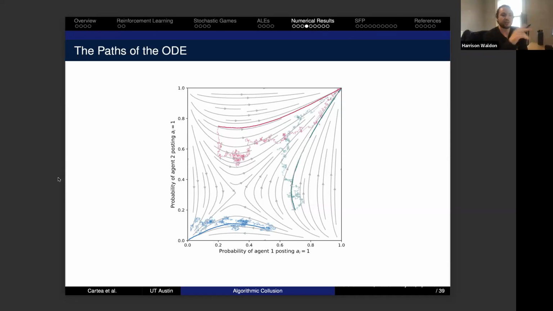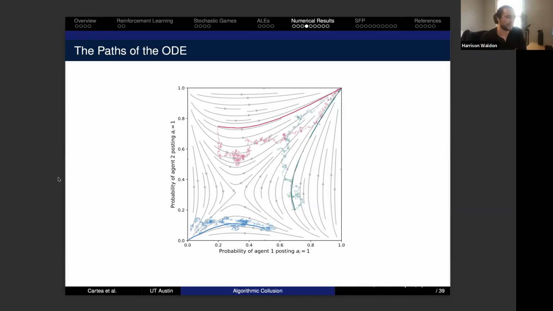So here we're just considering 2 agents, and in the numerical examples that will follow, we'll still consider 2 agents, but we'll enlarge the state space so that each agent will actually be conditioning on the vector of actions that were taken in the previous period.